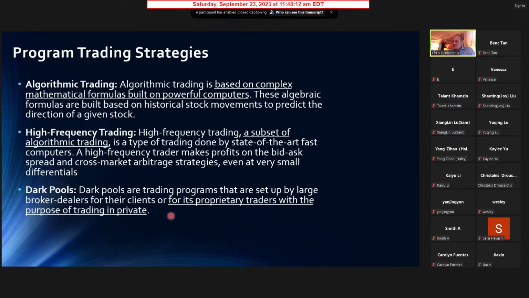Those massive sell-offs, you don't really see them, and they call it dark pools because if you saw what they were selling, it might affect the price of the stock market. So they keep it confidential and private on the side, especially very large positions.